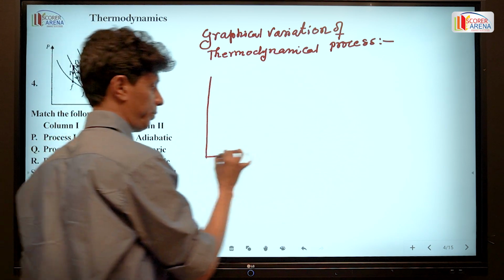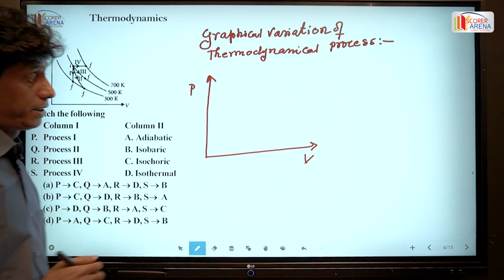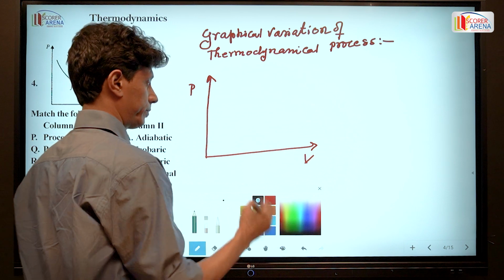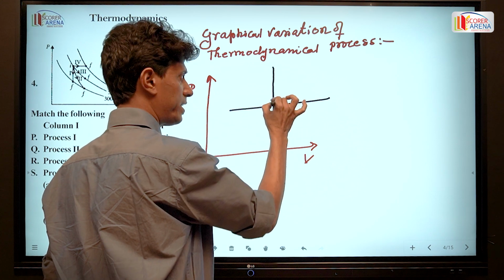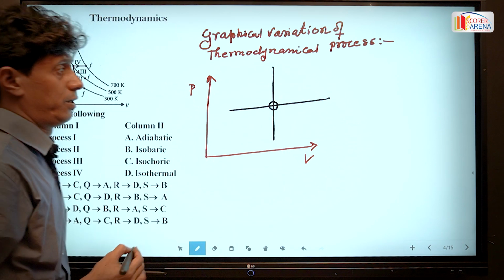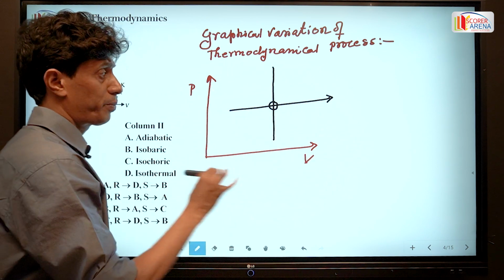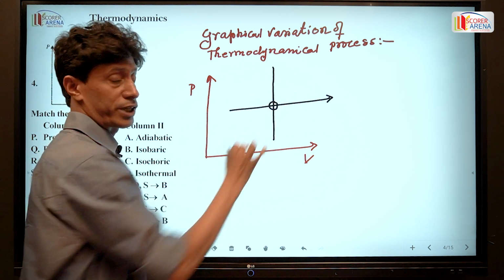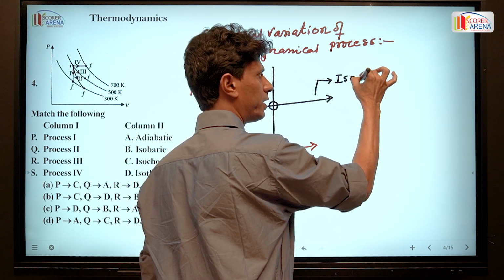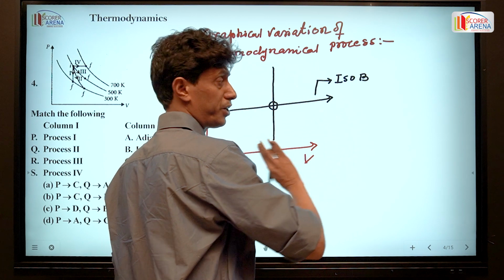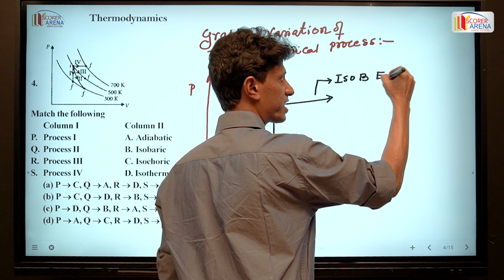Here is a P versus V graph. Just draw a plus sign here. The line drawn parallel to the volume axis means pressure is constant. Pressure constant means isobaric. Since the volume is increasing, this process you can say is isobaric expansion.